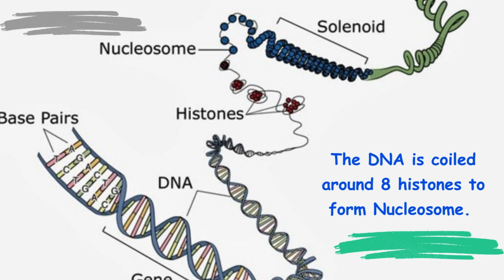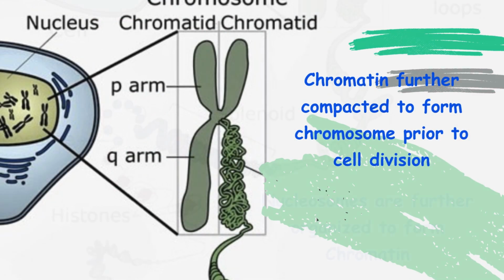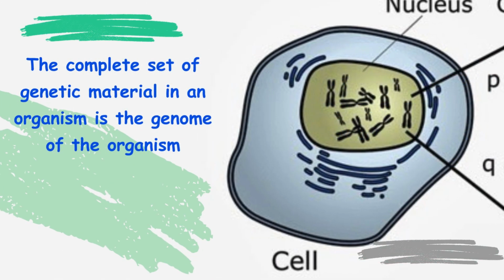The DNA is coiled around 8 histones to form nucleosomes, and the nucleosomes are further organized to form chromatin. Chromatin is further compacted to form chromosomes prior to cell division. The complete set of genetic material in an organism, however, is the genome of the organism.